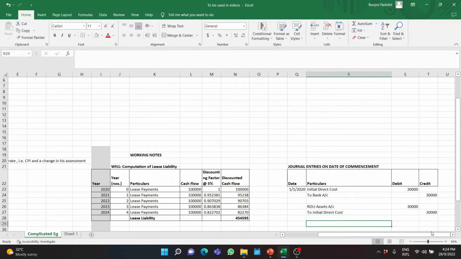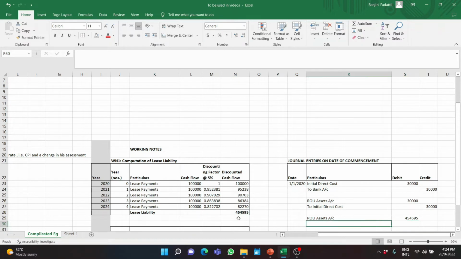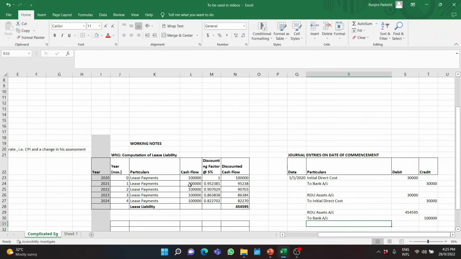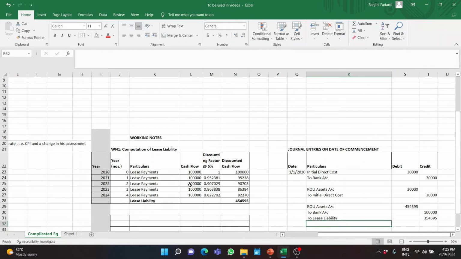Next thing we do is record the entry relating to lease liability. ROU assets account debit, including the payment in the first year. We made a payment of 100,000 at the beginning of the year, and so our lease liability is 354,595. Let's go on to working note 2.